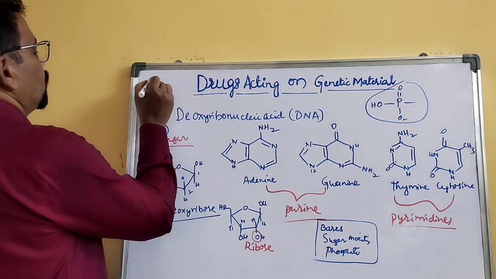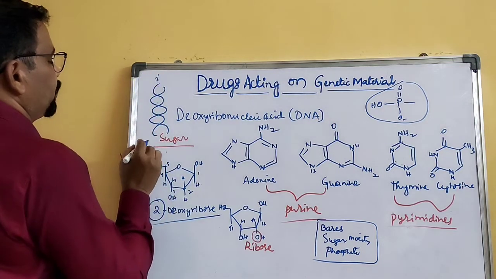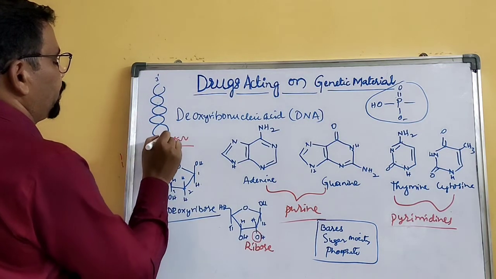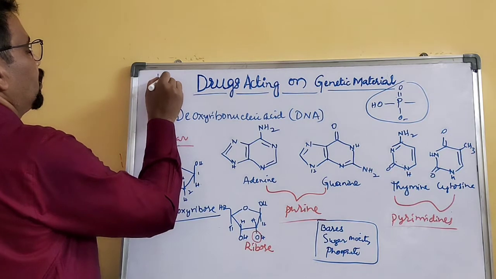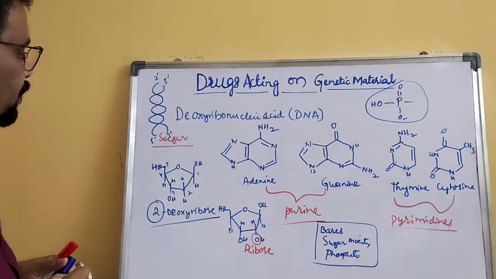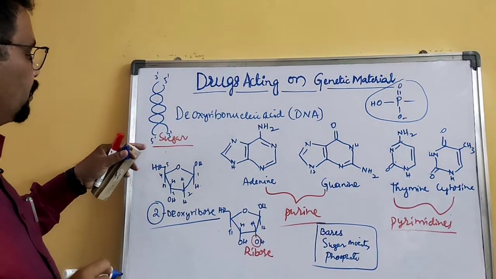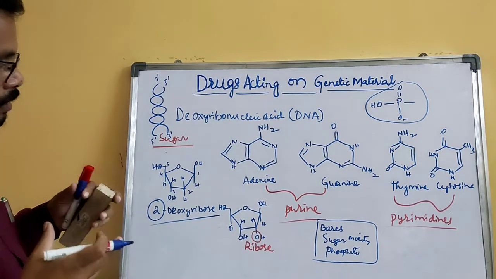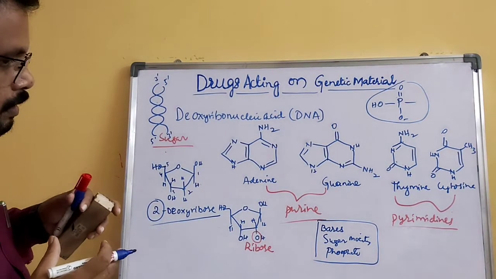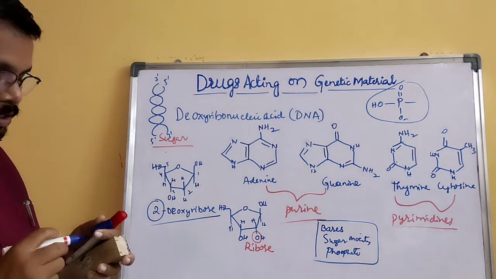One end is 3' and the other is 5', opposite ends, which are the numbering where one nucleotide is attached to another nucleotide.